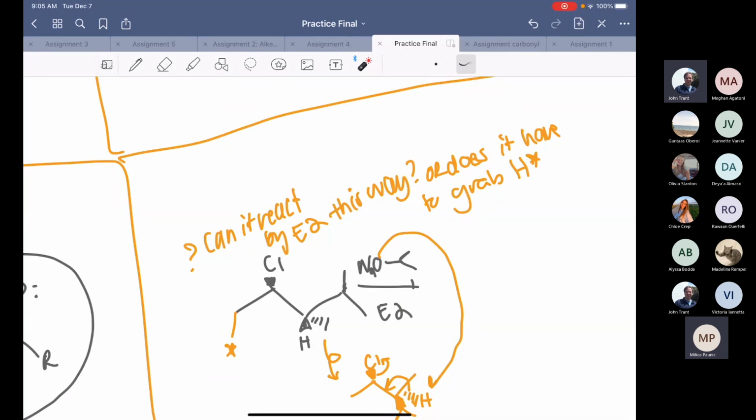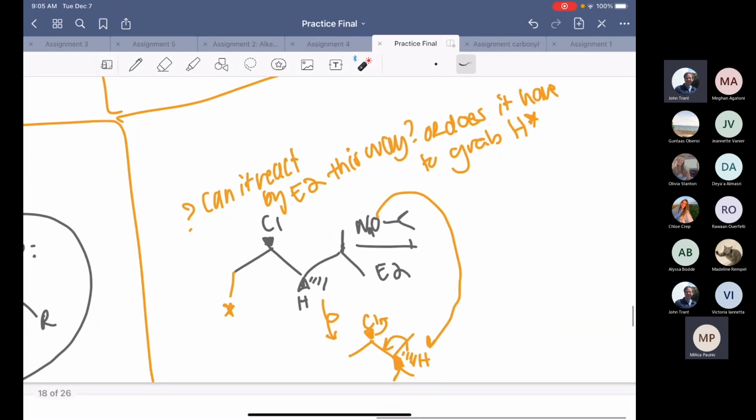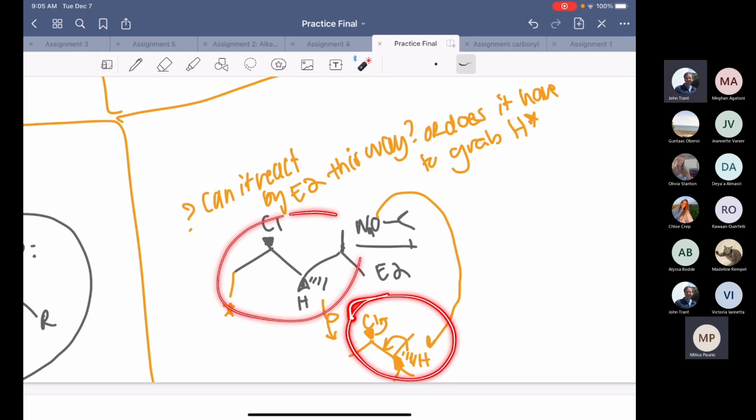If you didn't think about the anti-periplanar, this is a good question. If you didn't think about the anti-periplanar thing because you're not as good a student as you are, then if you eliminated from the top the first rotamer, or you eliminated from the second one that you drew in gold, would you get different products? If I did the one in black instead of the one in gold.